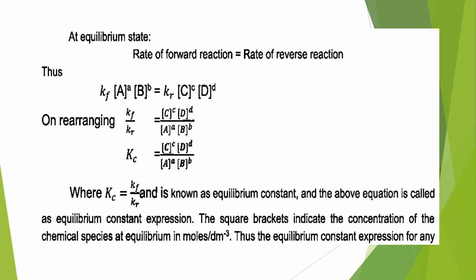Now when we rearrange this equation, we get Kf over Kr is equal to the concentration of the products divided by the concentration of the reactants.